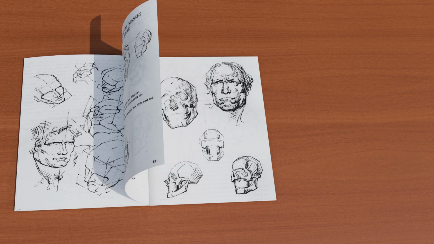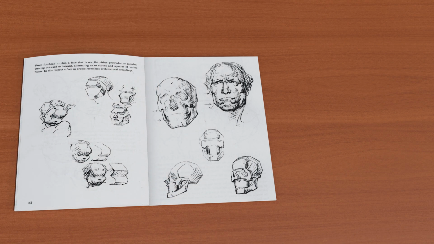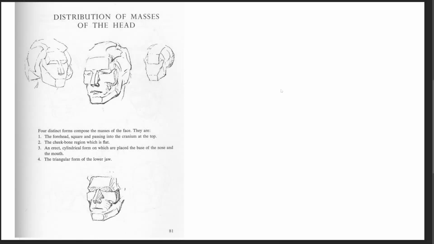Section 4 is the distribution of masses of the skull. So in his conversation here, he's talking about this block for the forehead. Now he's using the front plane, which if, again, you're used to some of the more modern methods, we use a more circular space, and you can kind of see that in the highlights in a photograph or even in shadows, that it's kind of curvilinear along here.